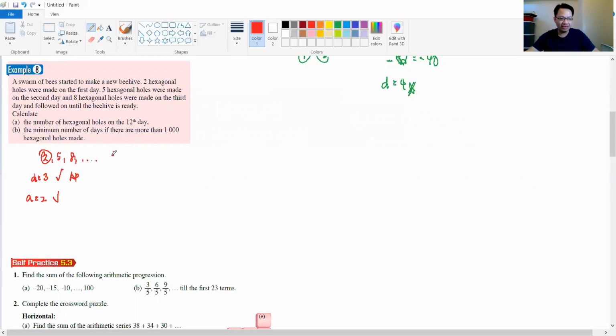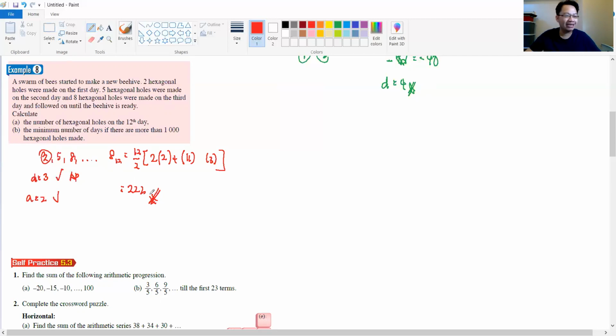S12 equals 12 over 2, 2a plus 12 minus 1 is 11, d is 3. So we compute 4 plus 11 times 3, times 12 divided by 2. The answer is 222. Okay, 222 holes. Settle.